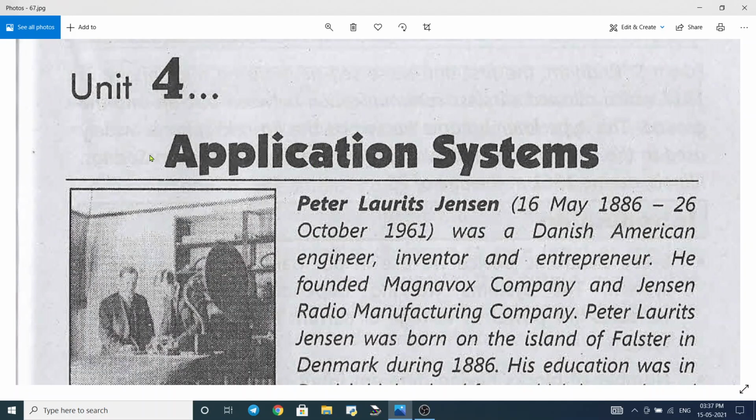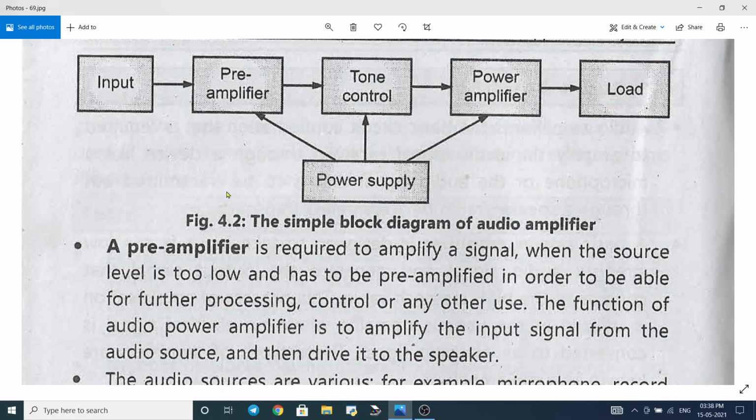So friends, in this lecture we have started chapter number 4, that is application systems, and we have discussed the first application system, that is the audio amplifier or audio power amplifier.